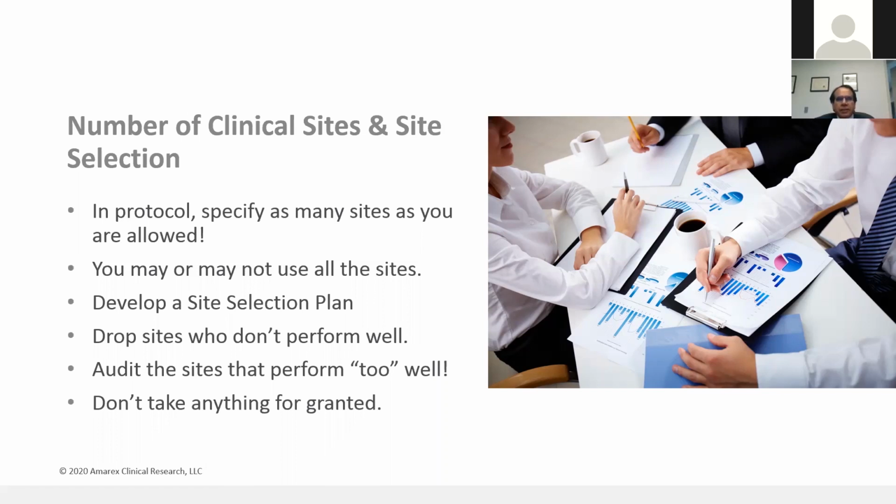If there is a site that is bringing more patients, the recommendation is to go and audit that site before allowing that site to have more than the number of subjects that we were allowing them to have.